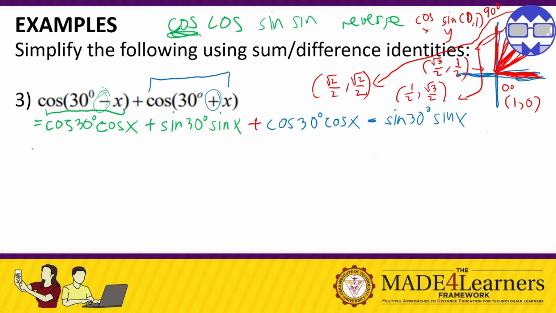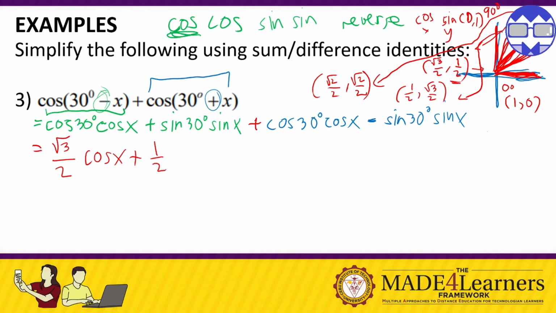So let's try. We have cosine of 30 degrees. If it's 30 degrees here, the cosine is x, so our x is square root of 3 over 2. So we have square root of 3 over 2 cos x plus sine of 30 degrees, sine is y, so y is 1/2.